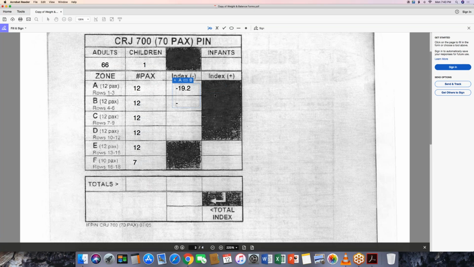Next one? 13.9. 8.5. 3.1. 2.8. And 4.8. Okay.